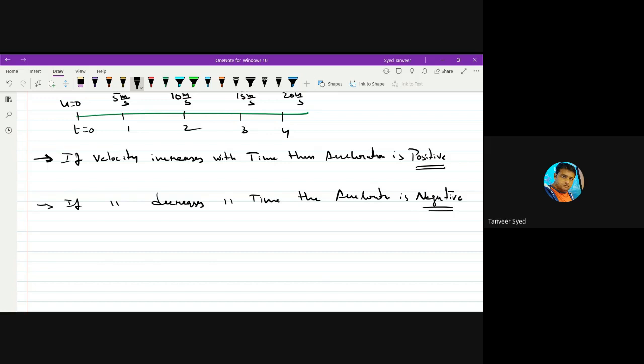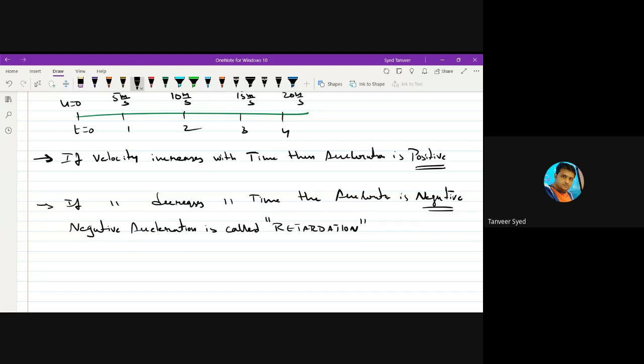Velocity decreases, acceleration is negative. And this negative acceleration is called retardation.